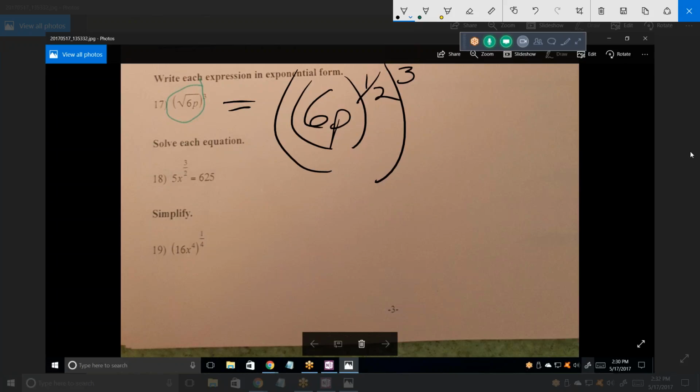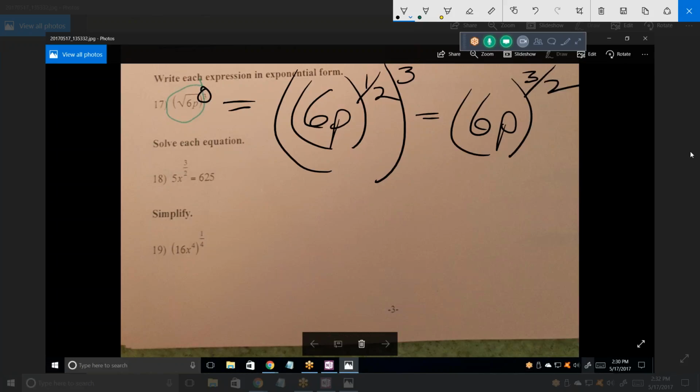So the first thing we convert is the square root of 6p means 6p to the 1/2. We still have it all being raised to the third power, and you correctly surmised that we multiply the exponents, so we get that.